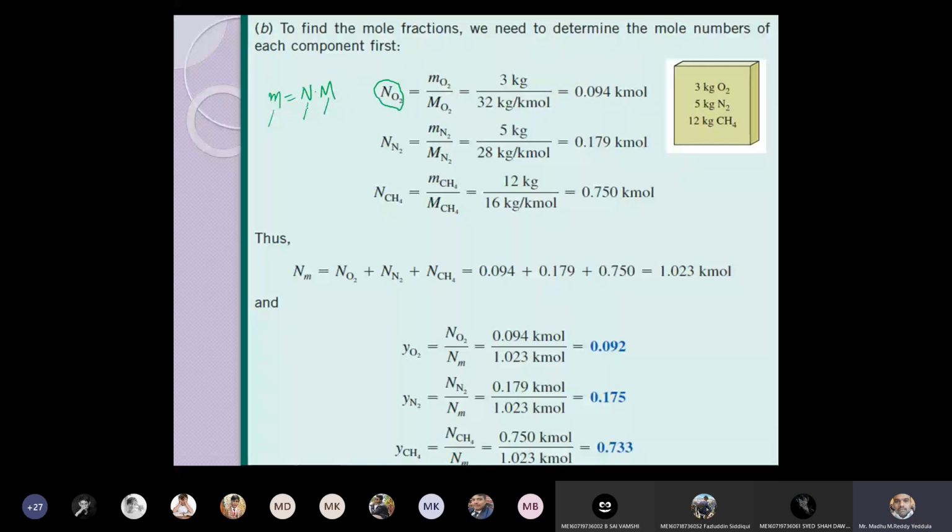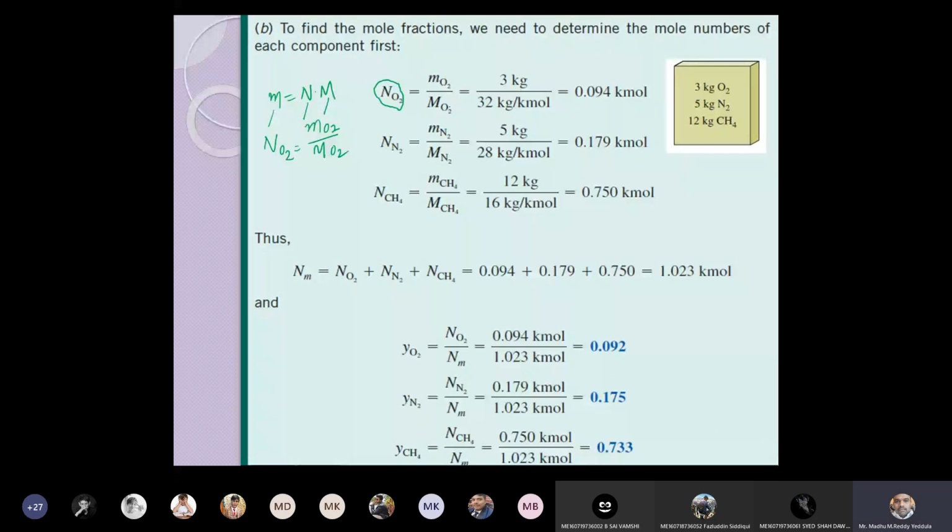So the number of moles of oxygen is equal to mass of oxygen by molar mass of oxygen. How to get the mass of oxygen? It is given in the problem, 3 kg.